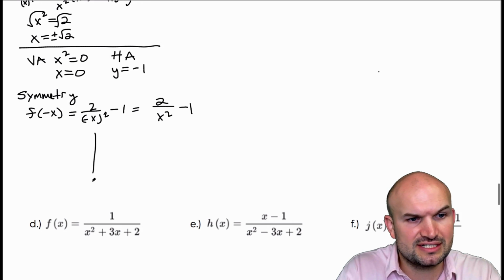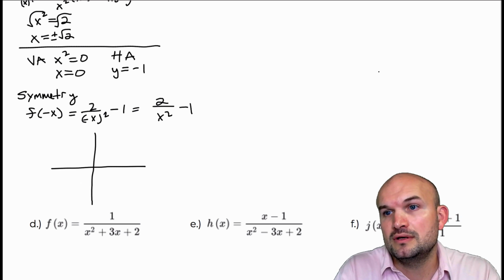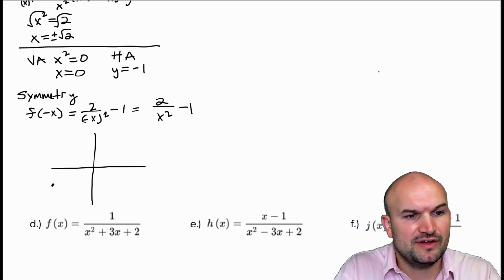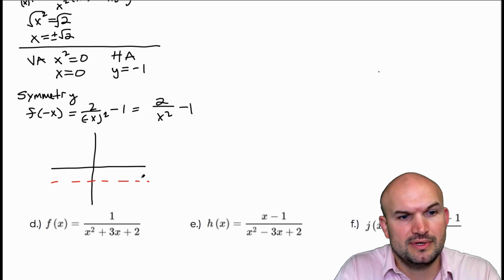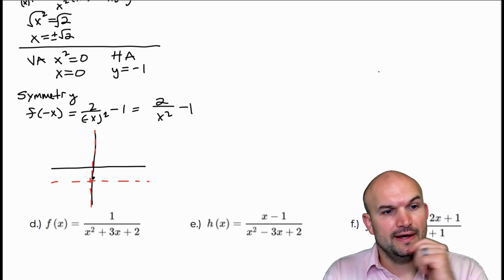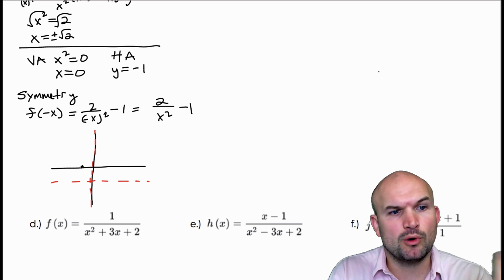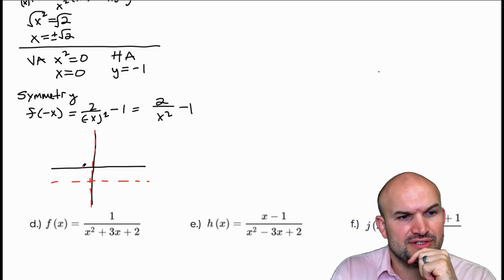So if I was just going to do a rough little sketch here, I know I have a horizontal asymptote. Let's do a different color. Let's use red. I would have a horizontal asymptote at -1, a vertical asymptote at x equals 1. Let's see, I have an x-intercept at square root of 2. That's going to be like 1 point something. So let's just put that there. This would be negative square root of 2.